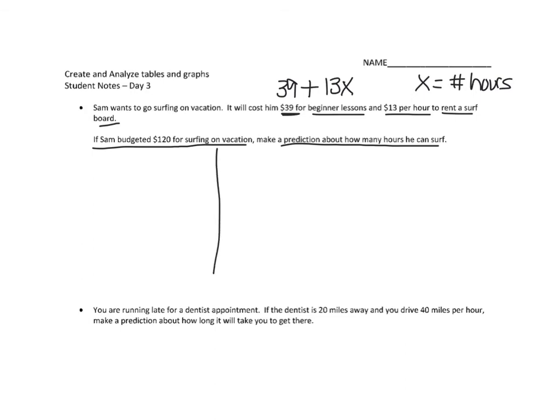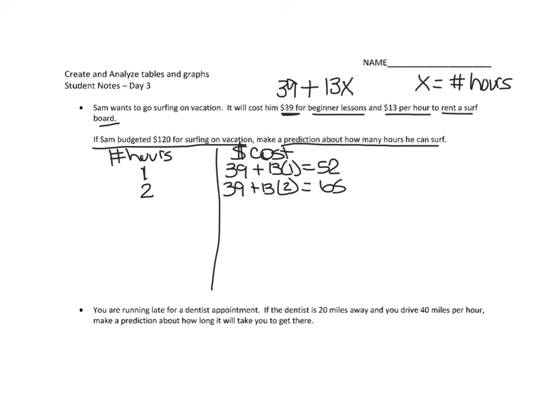But if you do a table, the number of hours surfing, and then his cost, his money spent. If he did 1 hour surfing, it would be 39 plus 13 for 1 hour. That's $52. If he did 2 hours, it would be 39 plus 13 times 2, which is 65.